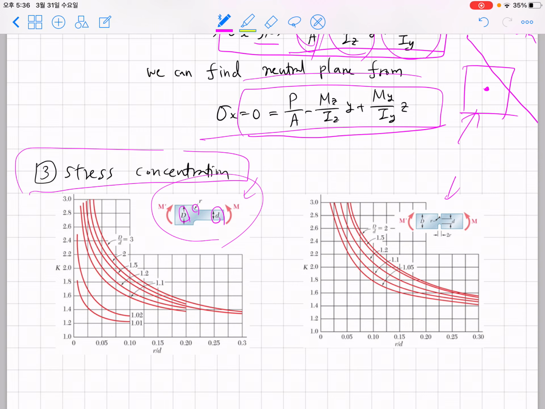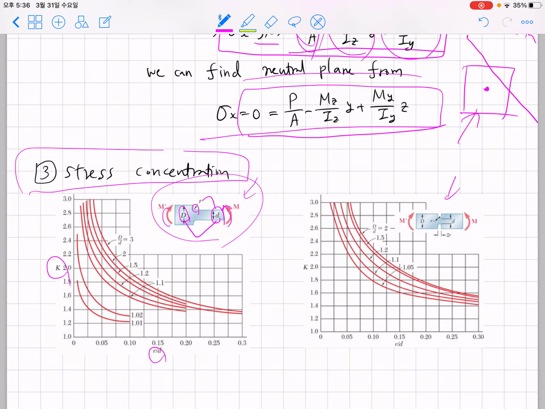When you apply the moment couple M here, depending on the ratio between large D and small d, and depending on the ratio between small r and small d, you can determine the stress concentration factor K, and based on that you have to be careful about designing the structure for bending.